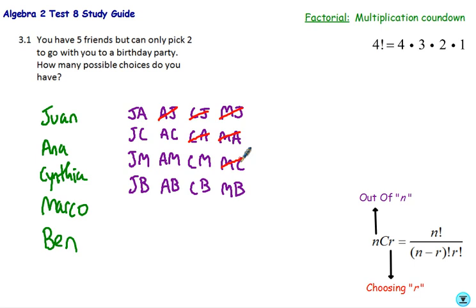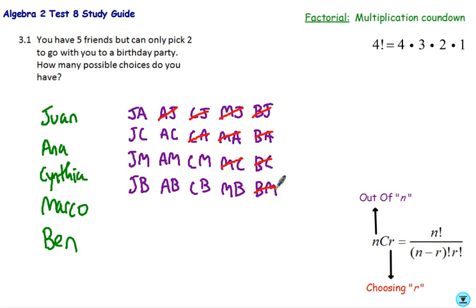And then if we look at Ben, I could say Ben and Juan, or Ben and Anna, or Ben and Cynthia, or Ben and Marco. For this last one, you'll see that I've already counted all of these. All of those are repeats.